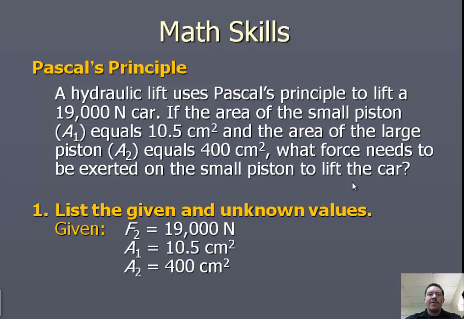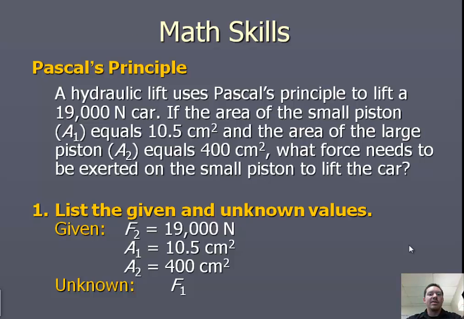So we have three values that are given. We have a force, and we know that the car is 19,000 newtons. We also know that the area of the initial piston, A1, is 10.5 square centimeters. We know the area of the second piston, A2, is 400 square centimeters. So our question is, how much force do we need to apply on that initial plunger or the initial piston to lift that car?